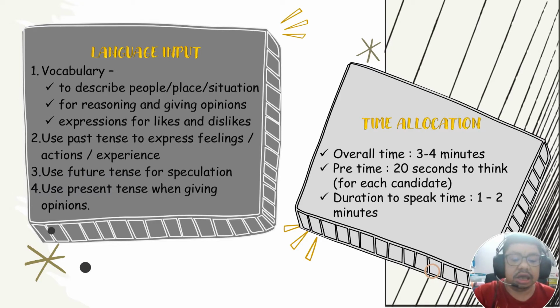Each candidate will be given the same amount of preparation time. The duration for you to speak is between 1 to 2 minutes. Quite short, isn't it? But if you are not properly prepared, those 2 minutes could feel like 20 minutes. So, be prepared for it.